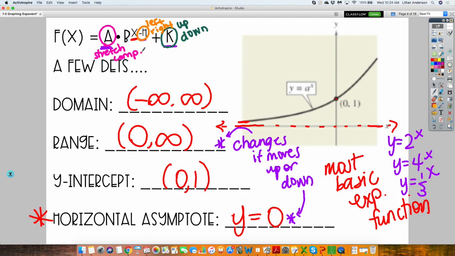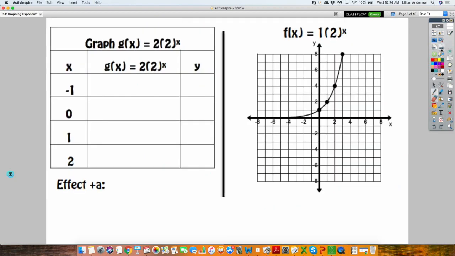Okay, so let's take a look at a few examples. Open up that foldable, the first two, okay? We're going to look at the effects of A on the graph, but we've already talked about it. What is A going to do to this function? It's going to stretch it or condense it, okay?